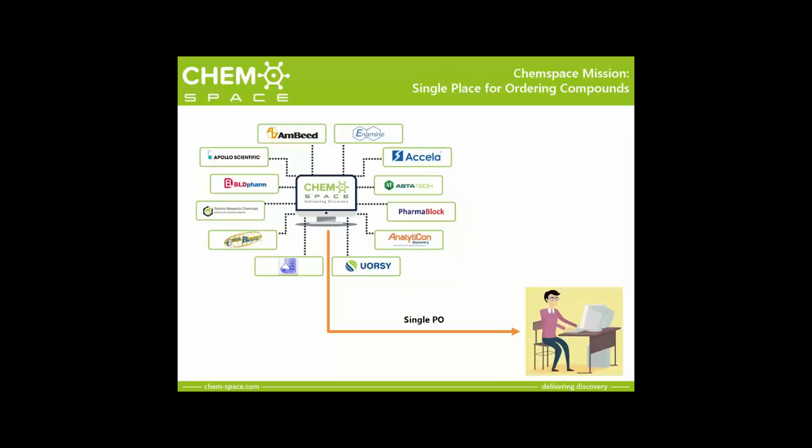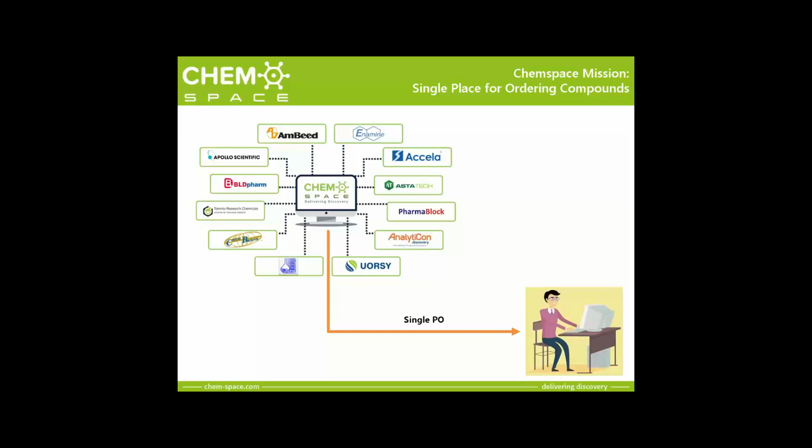As I mentioned, we have over 30 preferred suppliers whom we source building blocks and reagents from. And with today's webinar, we would like to start presenting the suppliers and allow them to show what they are actually doing and how they can create the variety of chemistry presented in their catalogs.